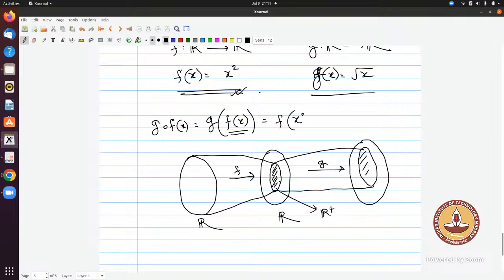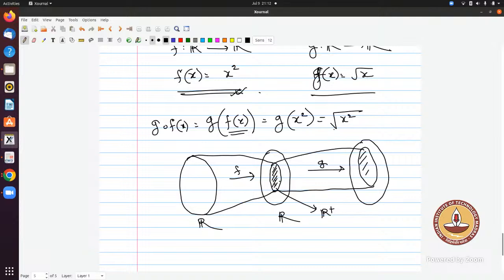So G of x square. What is that? What is this function? x. It is basically this, right? Can be plus or minus x.